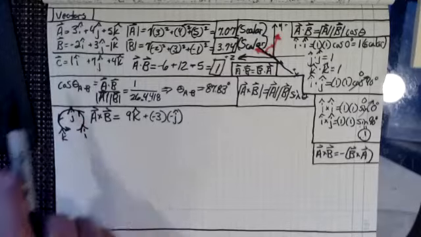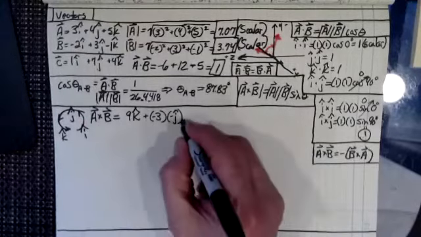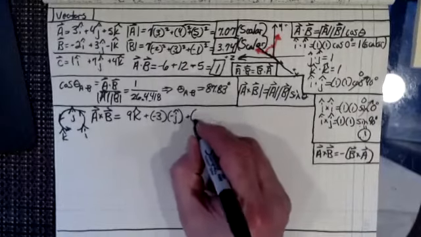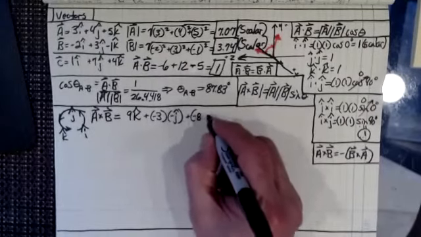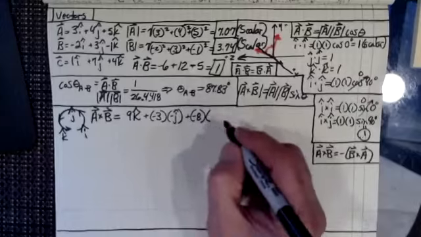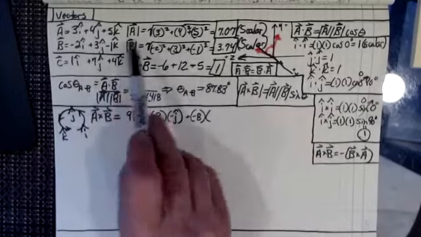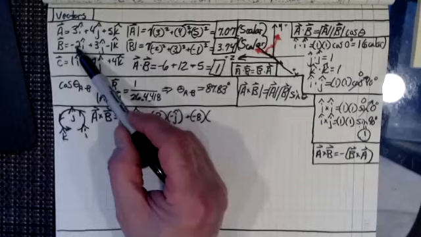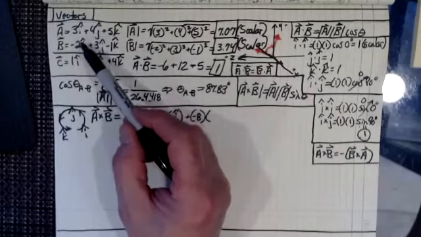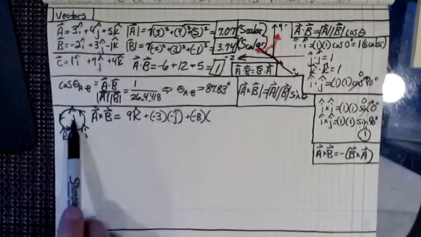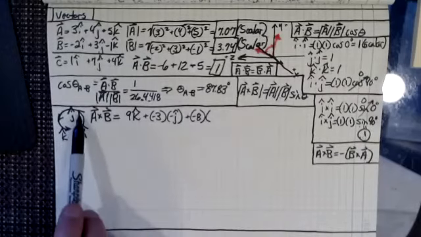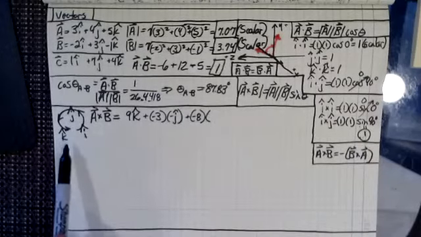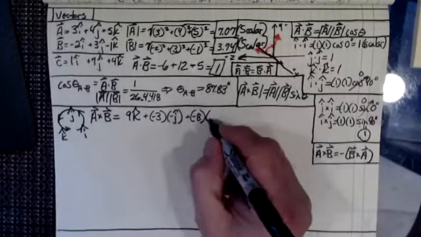Well, 4 times minus 2 is going to give me minus 8, right? And then j crossed with i, I'm going against the arrow, gives me minus k.